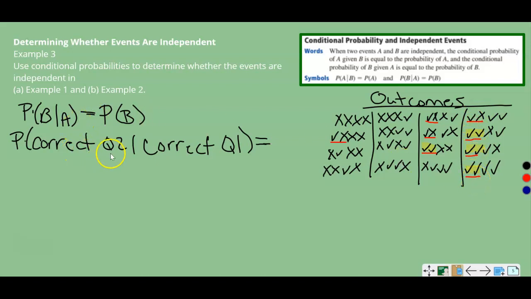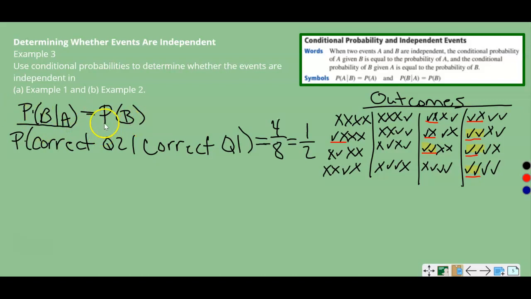So correct on question 2 given correct on question 1: these are the ones already highlighted, so there's 4 out of 8. 4 out of 8 reduces to 1/2. That gives us the probability of B given A.